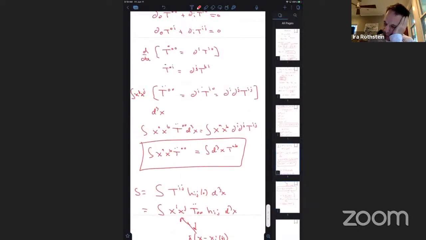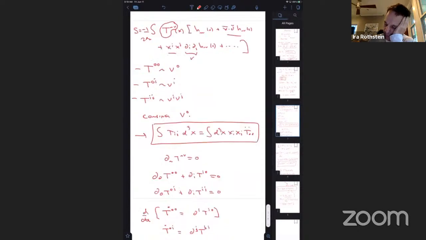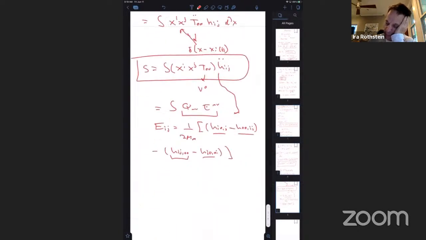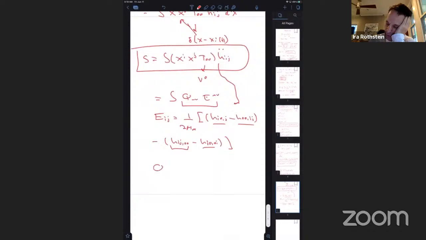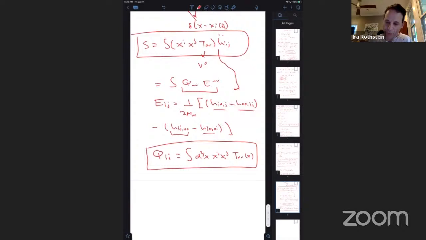So there are other contributions at this order, say from these terms, that will fill that out, and that allows me to extract Q^{ij} being equal to ∫d^3x x^i x^j T^{00}.